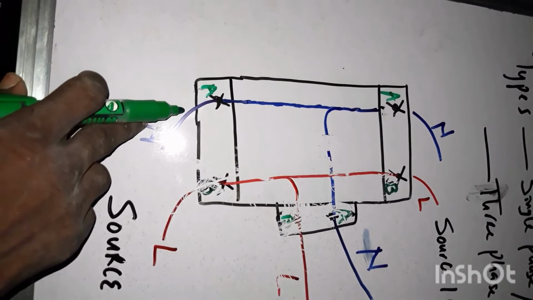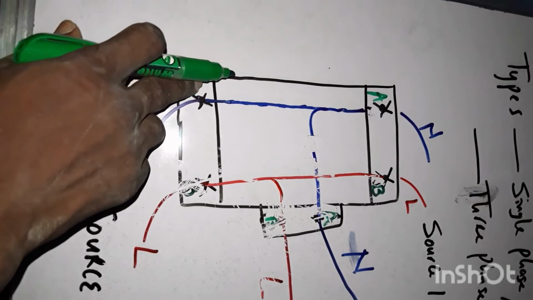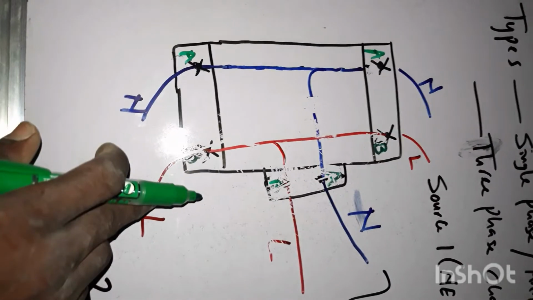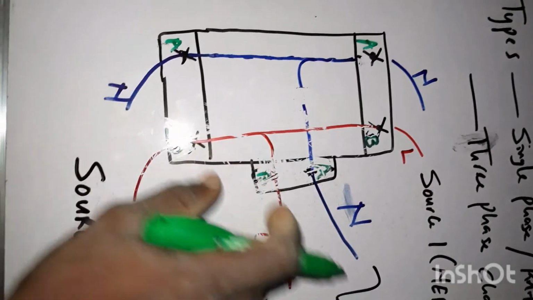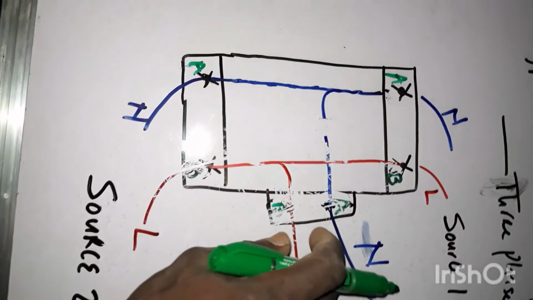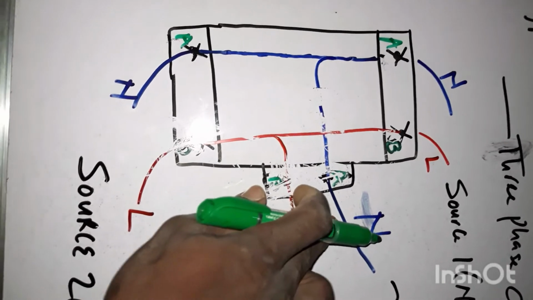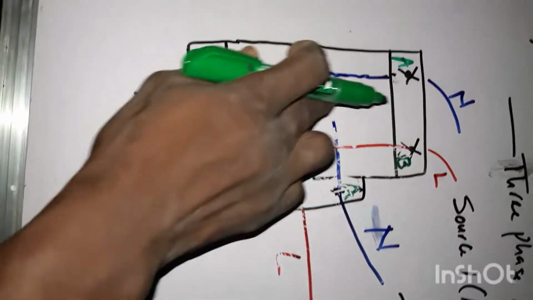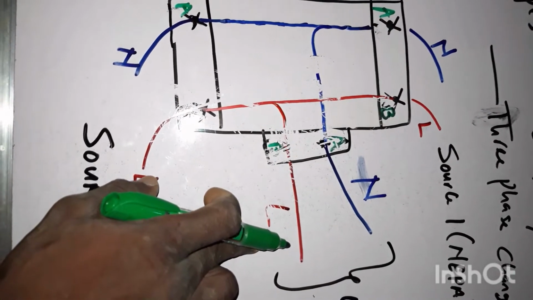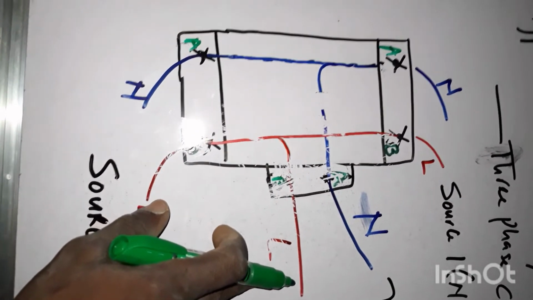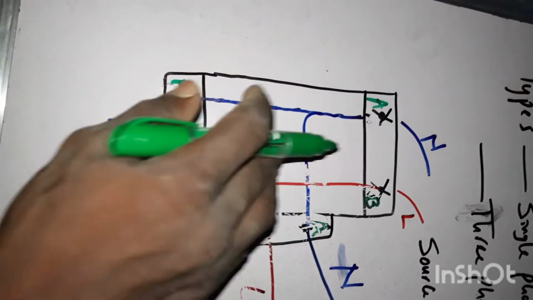On your generator side, your neutral wire should be connected to terminal A and your live wire to terminal B. And on your output also, make sure you connect your neutral wire to terminal A, as you did for the first and second source, and your live wire to terminal B, because internally they have linked all these terminals.